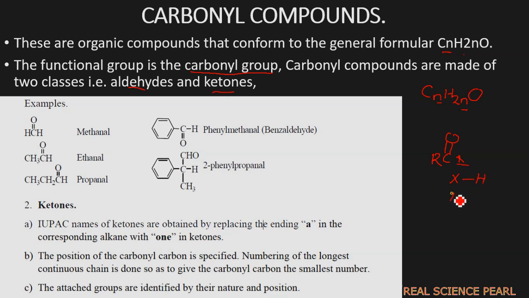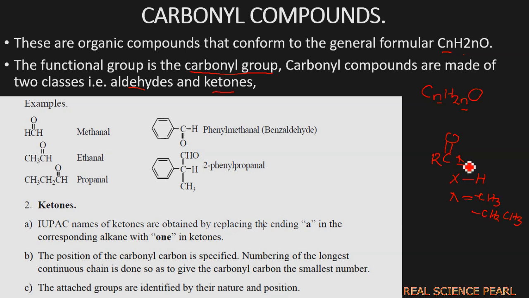The X can as well be a methyl group or any alkyl group, even an ethyl group, meaning this R can be maybe CH3 or CH2CH3 if it is a ketone.